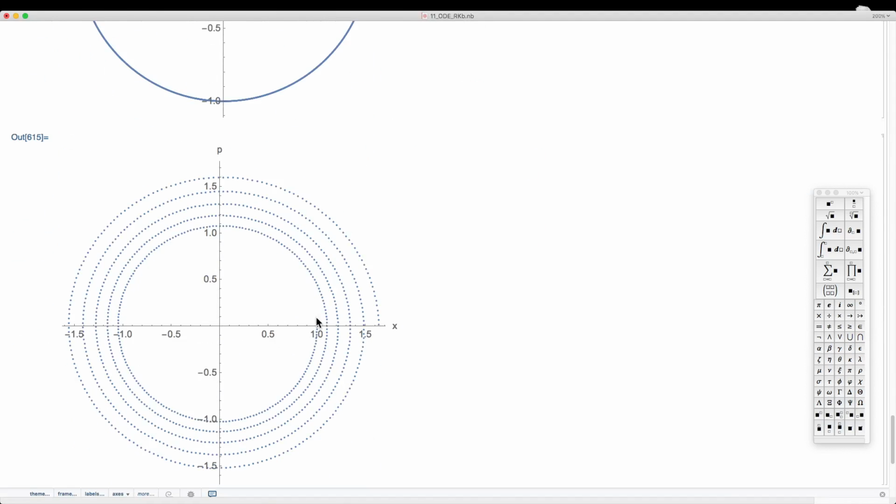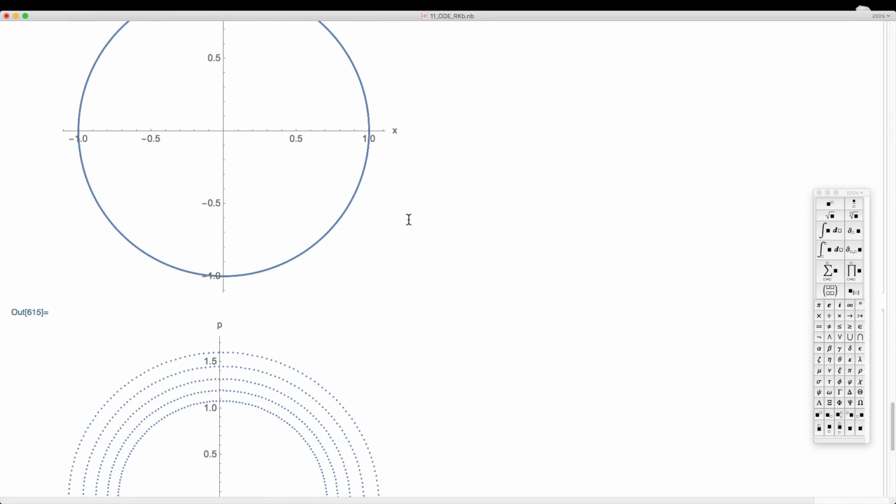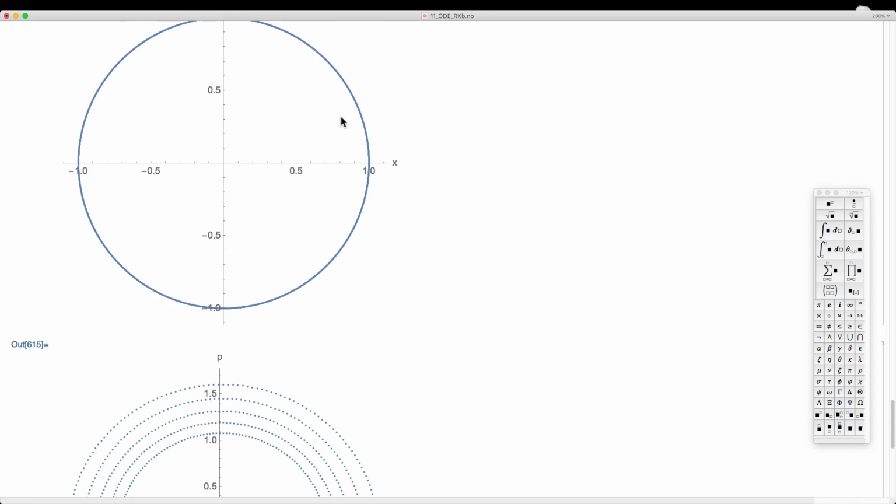And we see very clearly what happens. So we start at x equals 1 and p equals 0. So that's a spring that I just pull and then release with zero speed, and then that is going to oscillate. And if there's no friction, it's a harmonic oscillator. It should go around with constant energy, so it should go back to the same point where it started after each cycle.